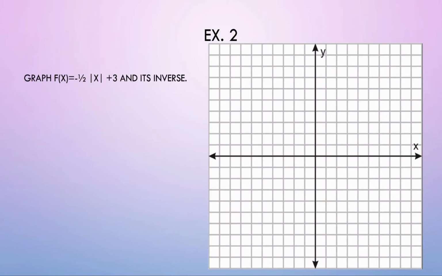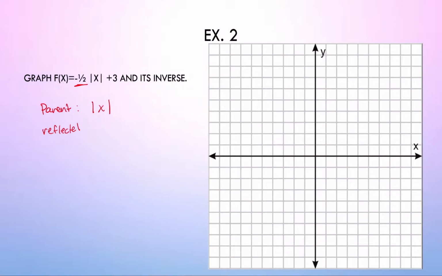Okay, graph f of x equals -1/2 absolute value of x, plus 3, and its inverse. Use your transformation rules. So the parent function is the absolute value function. Transformations: it's negative out front, so reflected over the x-axis. It's going to be upside down.